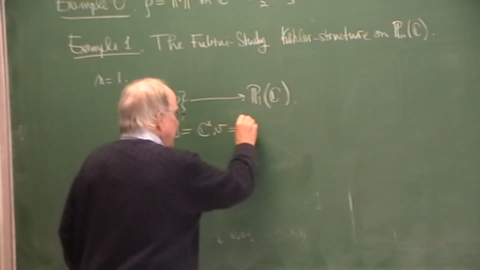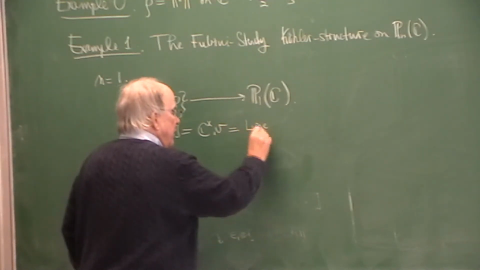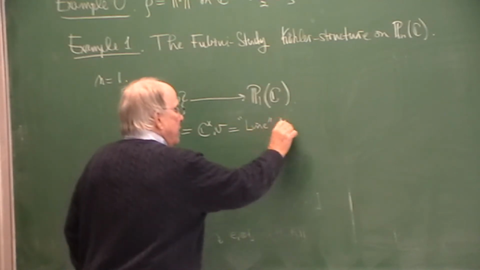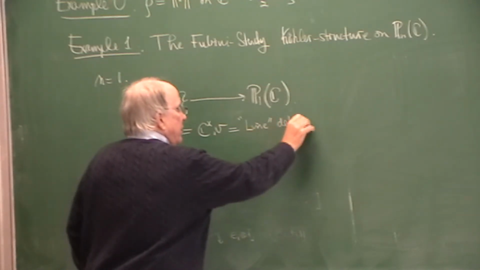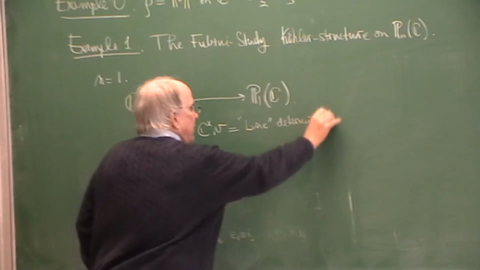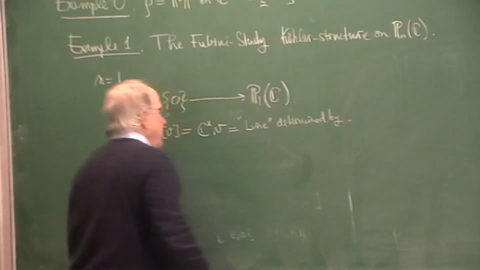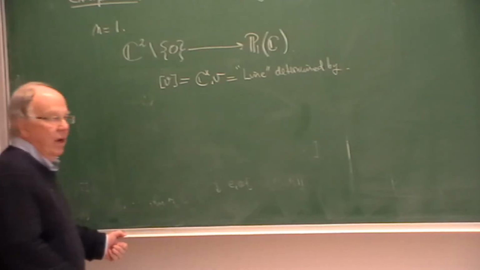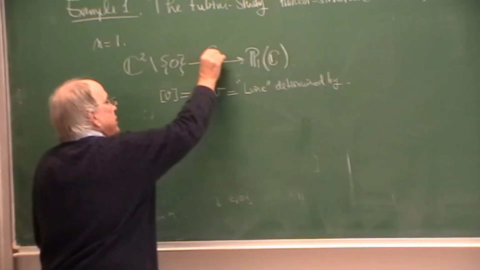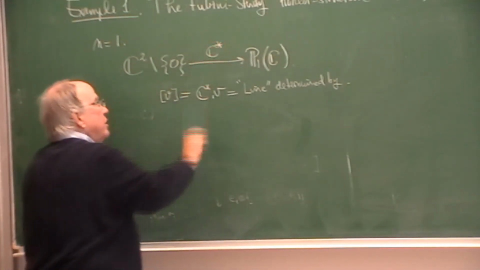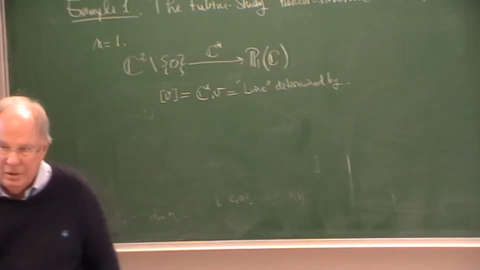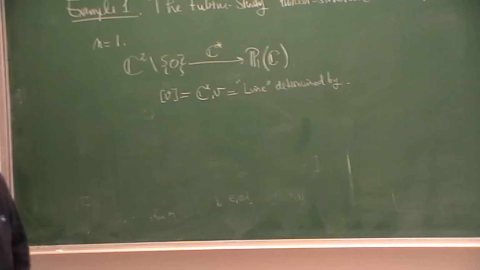It's the line determined by the vector. And so I always write this with the C star here to indicate that that is the fiber. Okay?